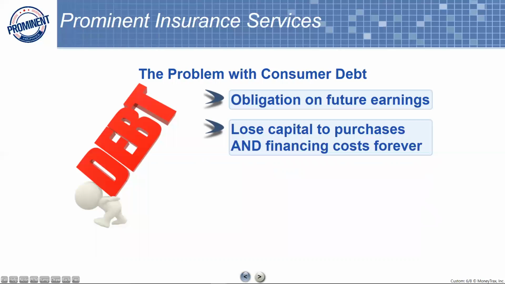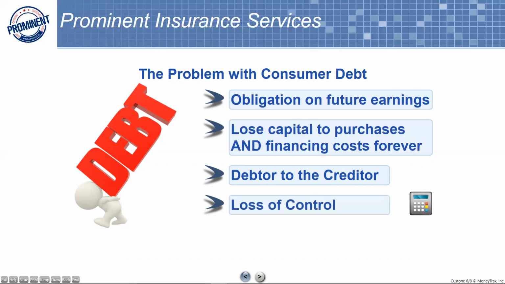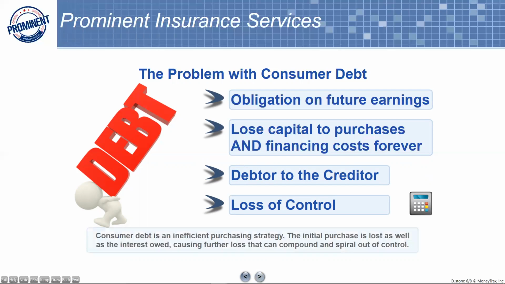And half the time, the things that we purchase outside of homes and things of value depreciate immediately, so we can't even get money back if we desire to sell them. And we're always a debtor to the creditor, and we lost control of our money. We gave it to others to use.